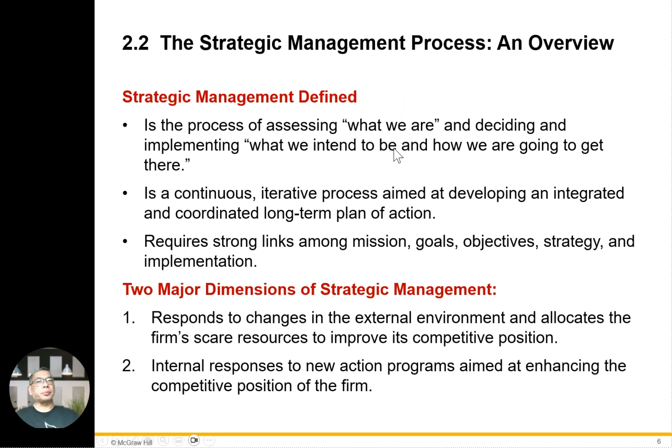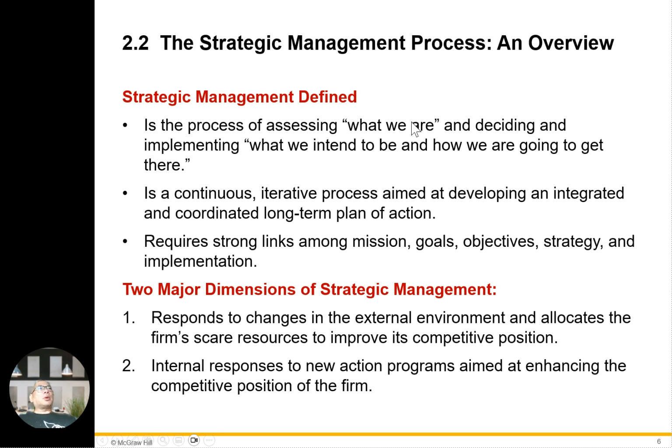Number two, the strategic management process is an overview. Strategic management is defined as the process of assessing what we are, deciding what we intend to be, and how we are going to get there. That's the key part: what we are. For example, at the time I was with BMO, we were doing an ICI project enhancement.